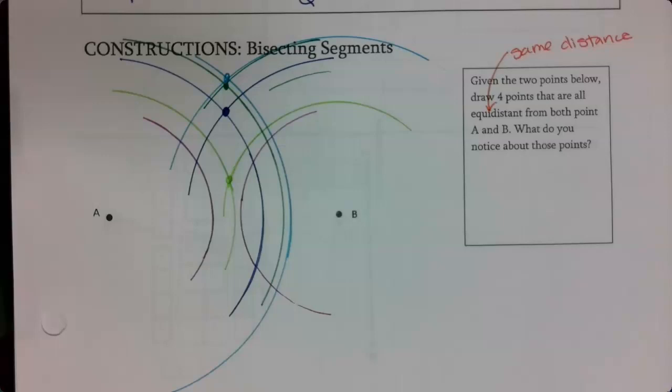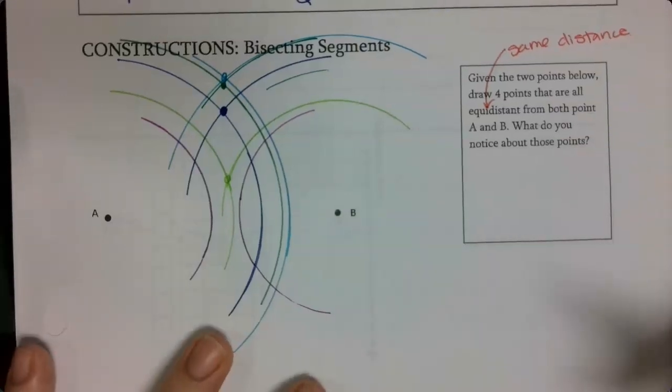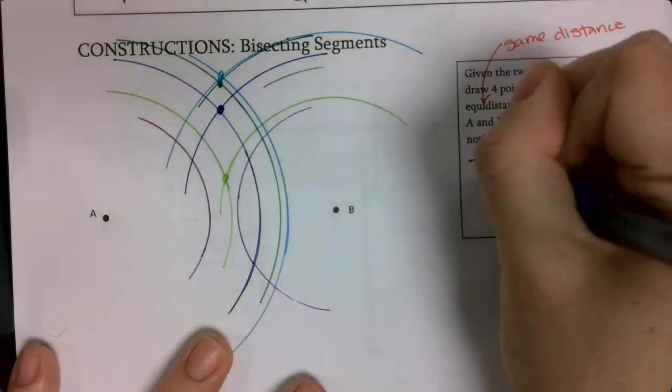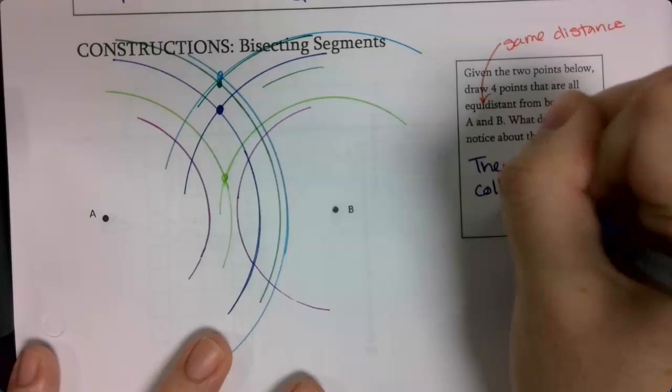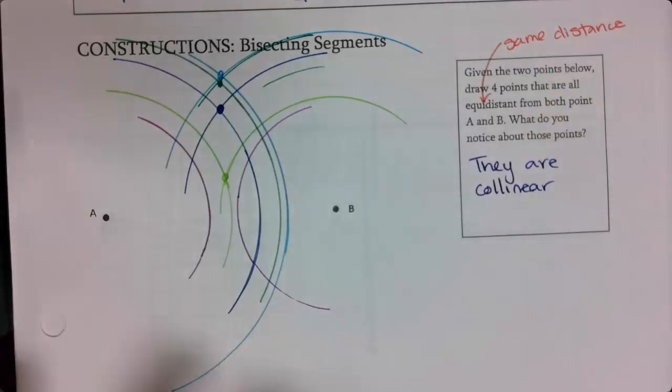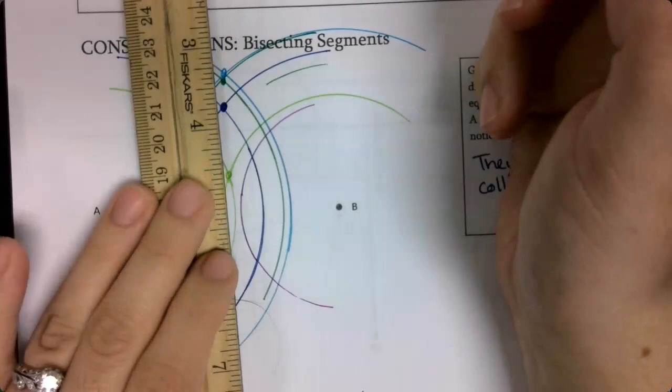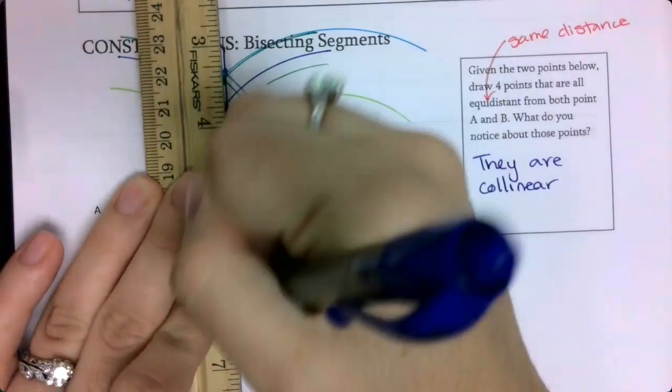Perhaps a word we learned on Friday? They all line up and make a straight line, so they are collinear. So I could go ahead and draw a line through all of those.